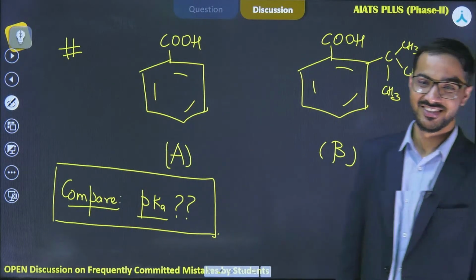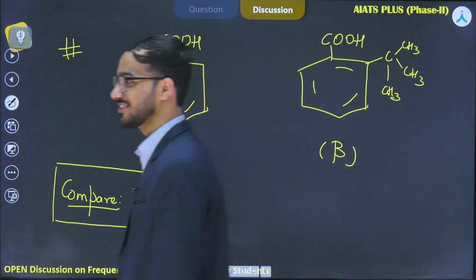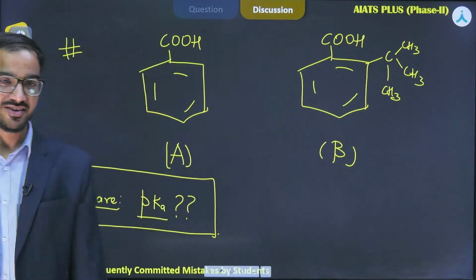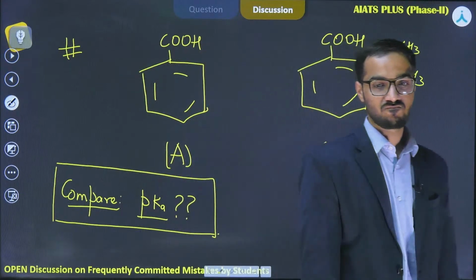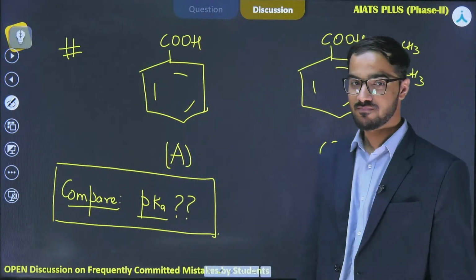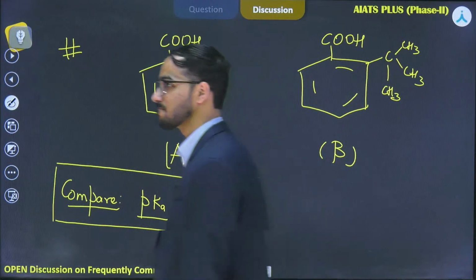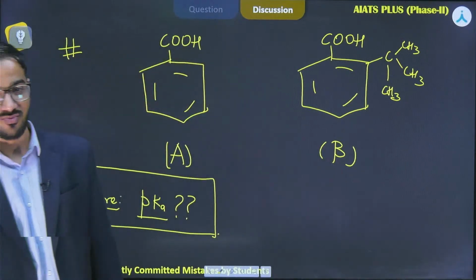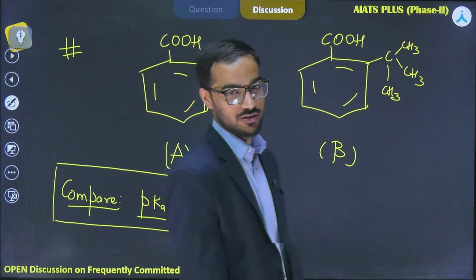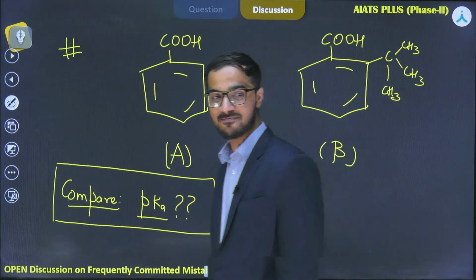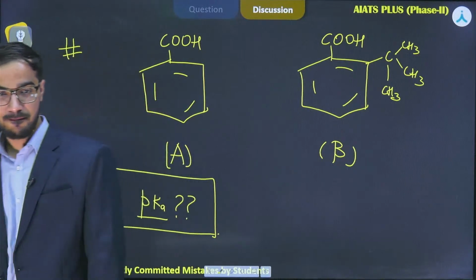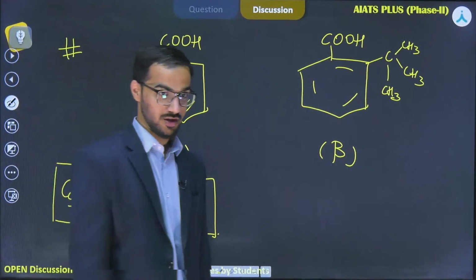अब आई ना बात. कहाँ गए अभी ये? मोहित, लक्की, एसके. B is more acidic, okay.